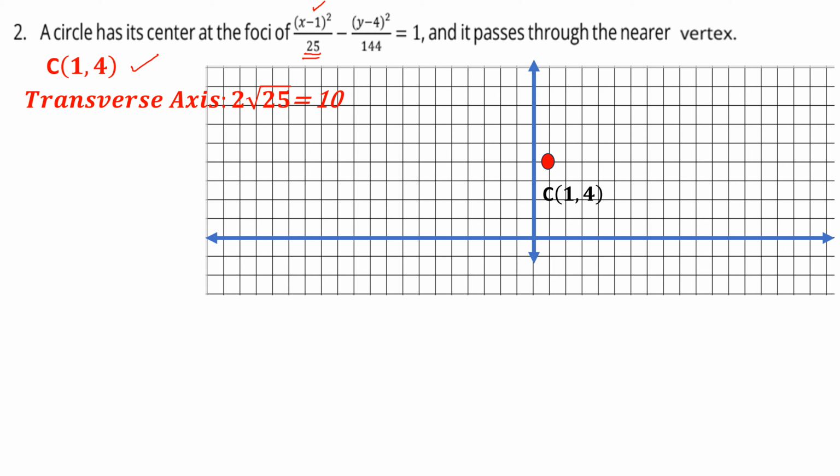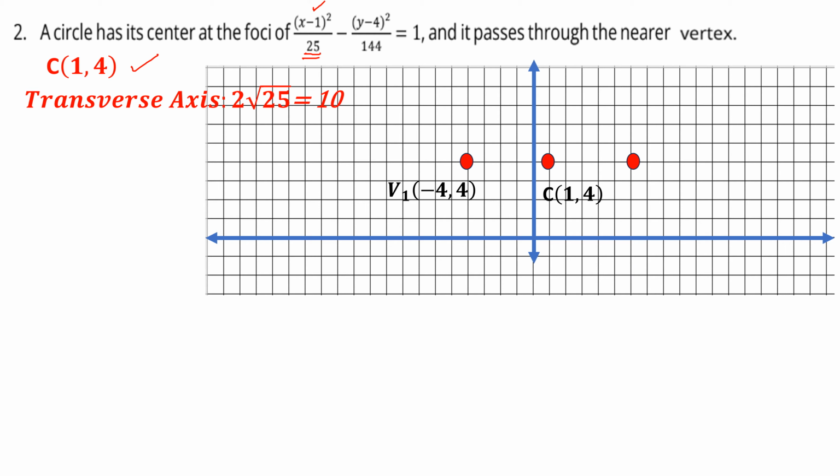So that means our transverse axis will be horizontal because our first term is being described by the x variable. So when we say 10, we are going to count 5 units left and then 5 units right.